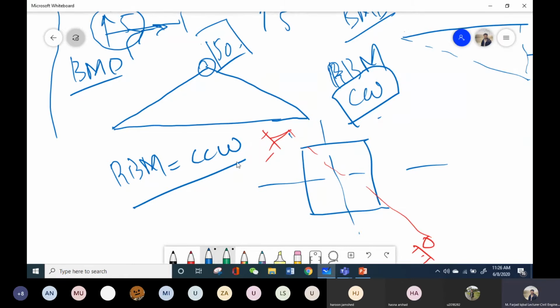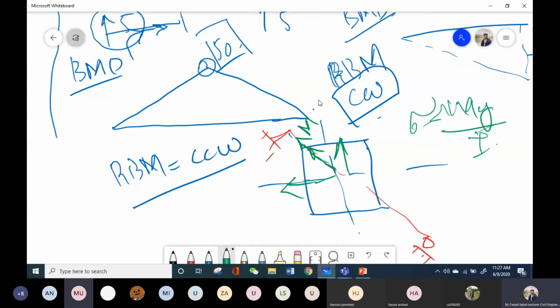And the direction is counterclockwise. So counterclockwise we show moving away from the center. So this will be the direction of the resulting bending moment. And then again I will resolve this into two components and continue with my calculation.